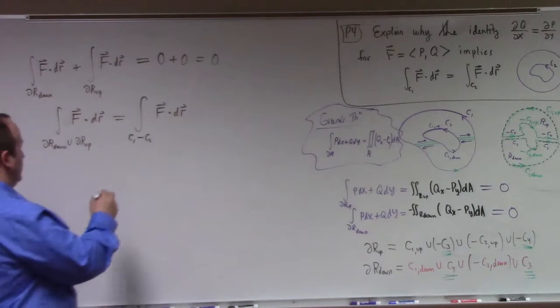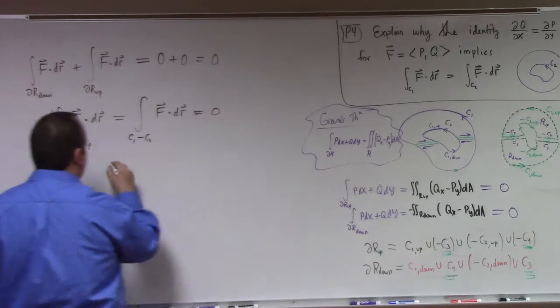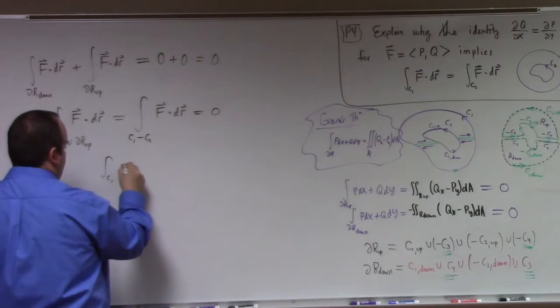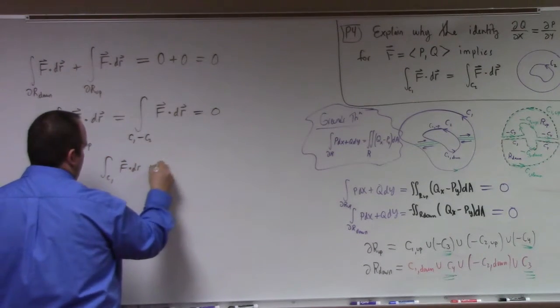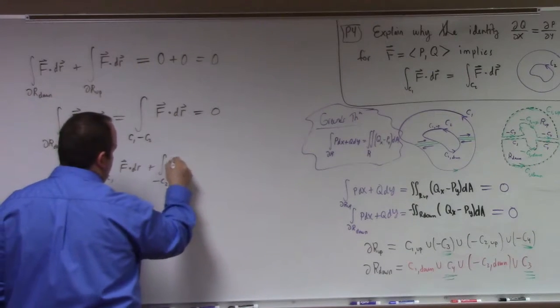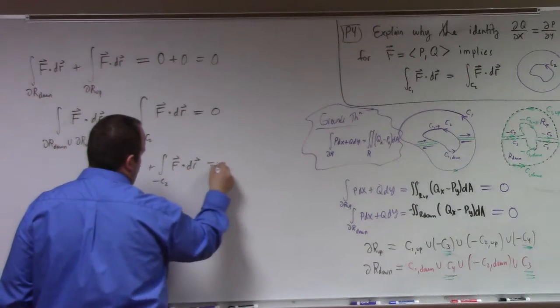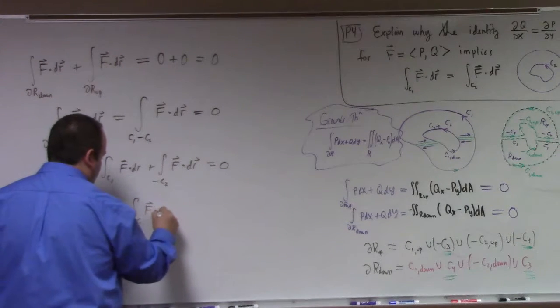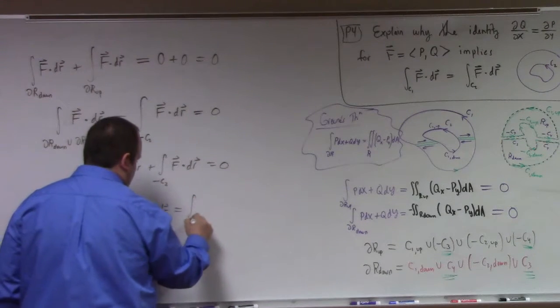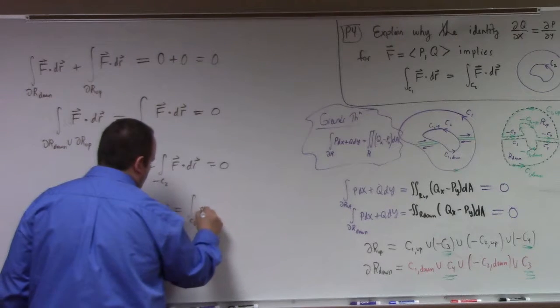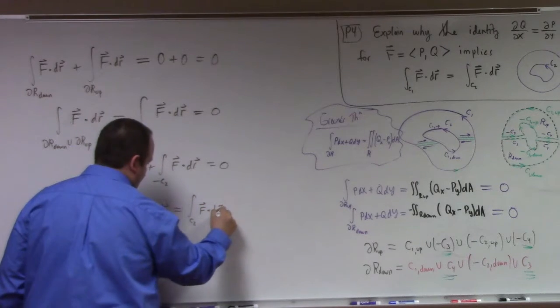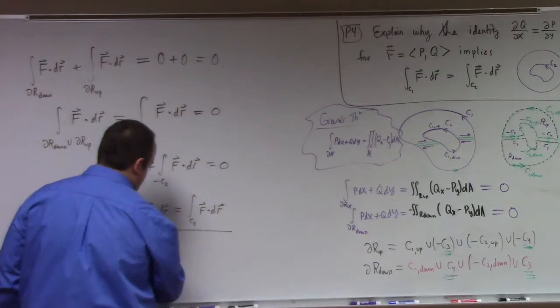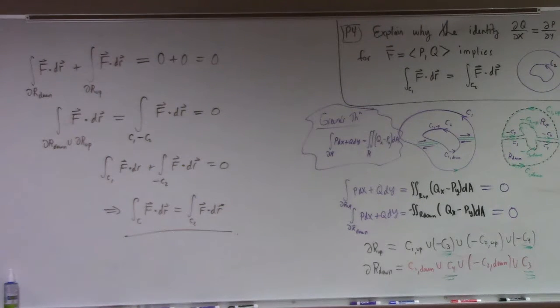And so what you're left with is that this is equal to 0, but then this is the integral of C1 f dot dr plus the integral over minus C2 of f dot dr equal to 0, which then, of course, tells me that the integral over C1 of f dot dr is equal to the integral over C2 of f dot dr, which is what we were trying to show.